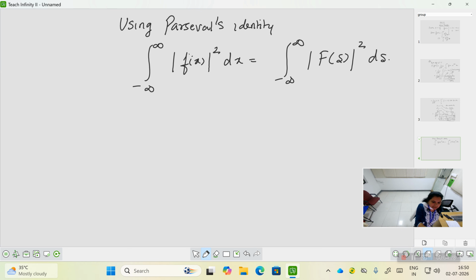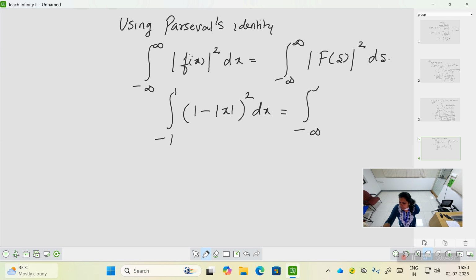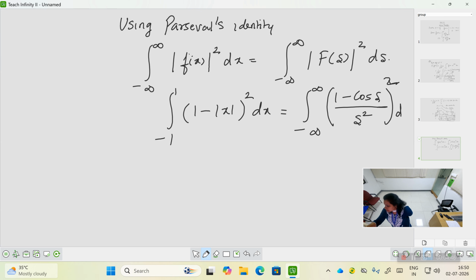So f(x) is given in the problem, from −1 to 1, (1 − |x|)² dx, and on the other side from −∞ to ∞, what we just calculated, ((1 − cos s)/s²)² ds.